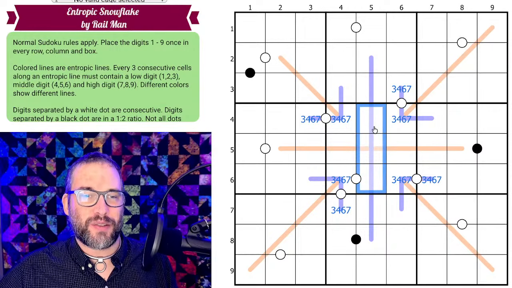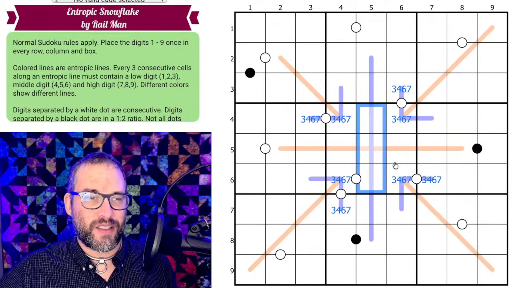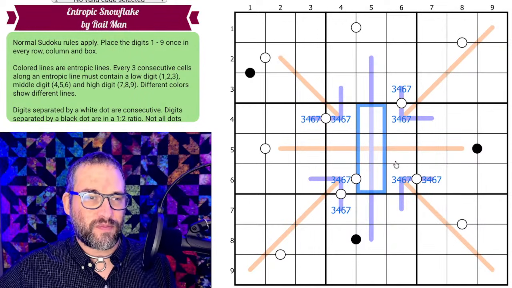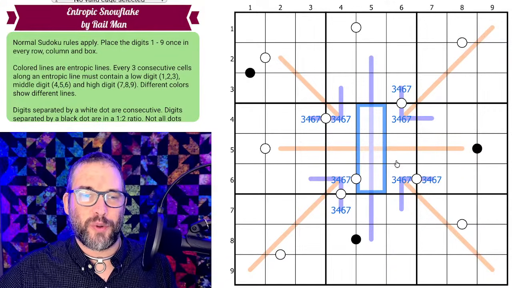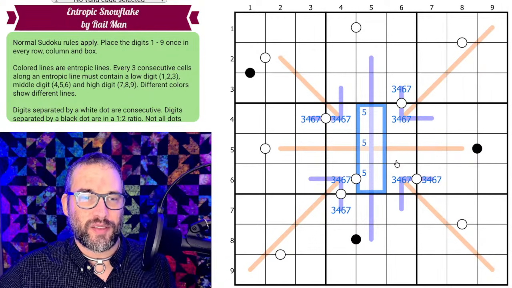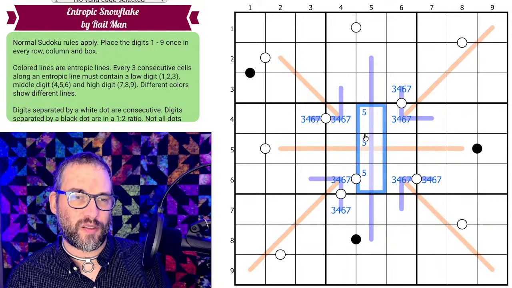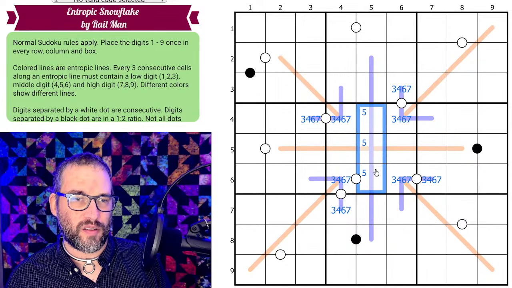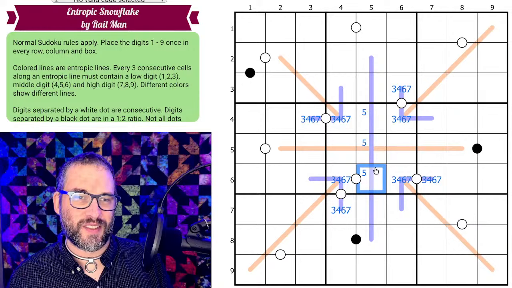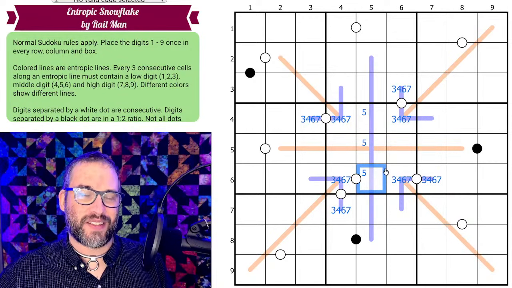Now, these 3 cells are going to need a middle digit, which will be a 5. I guess this digit specifically is only a 2, 5, or 8.